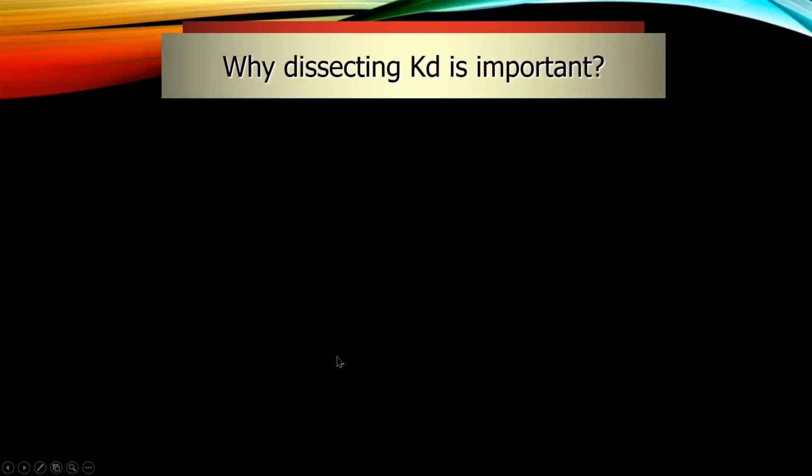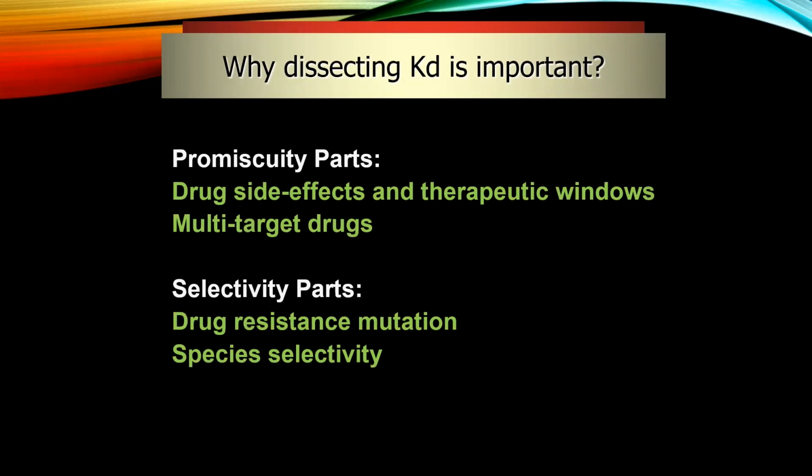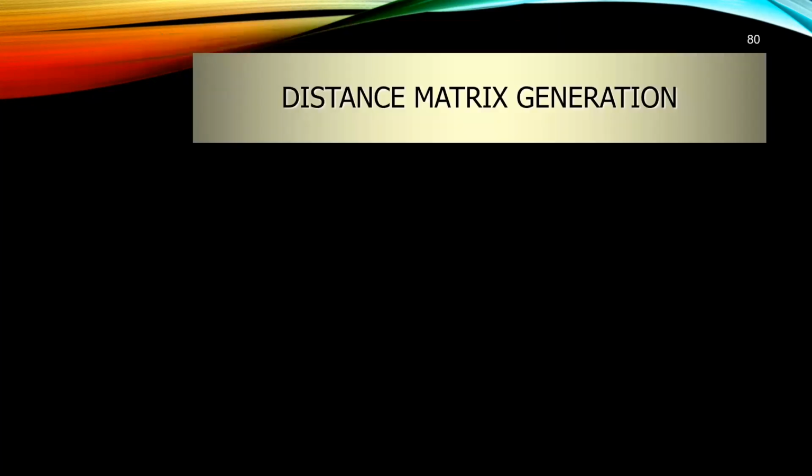And why dissecting how tightly the drug would bind is important is because drug side effects, therapeutic windows, and multi-target drugs can be understood from the promiscuous part, or the part that looks the same. And for drug resistance, mutation, and species selectivity, we can look at those from the parts that are different.